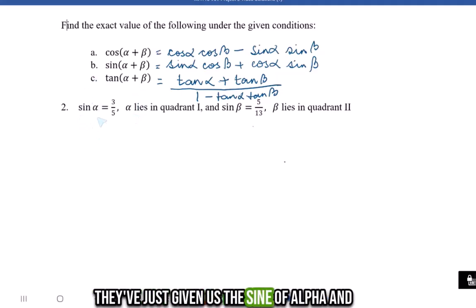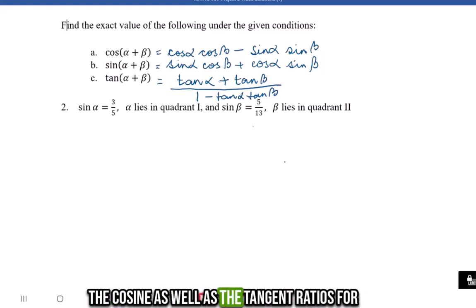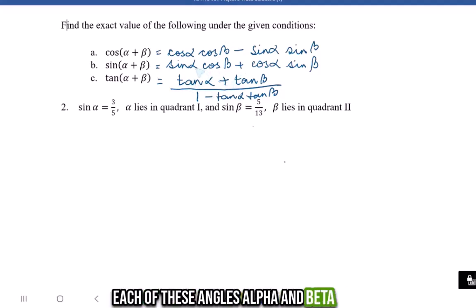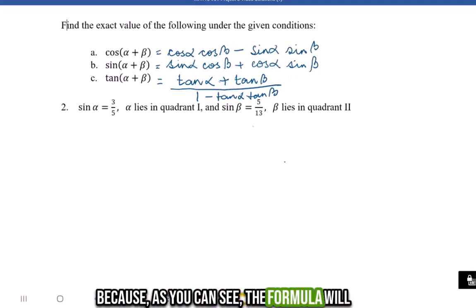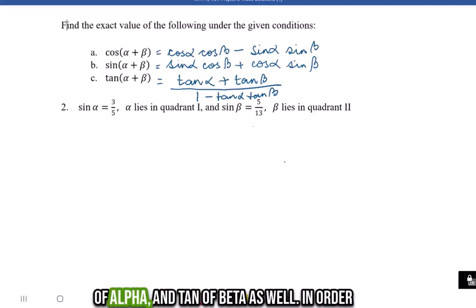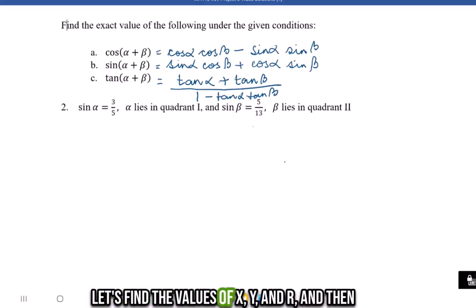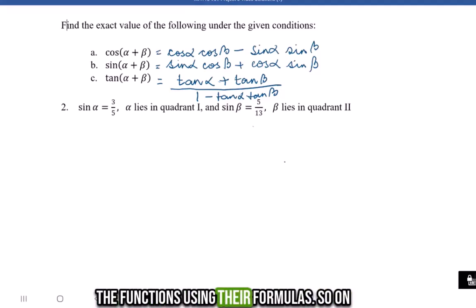They've just given us the sine of alpha and the sine of beta ratios, but it's best to find the cosine as well as the tangent ratios for each of these angles, alpha and beta, because as you can see, the formula will need the cosine of alpha, cosine of beta, tan of alpha, and tan of beta as well.